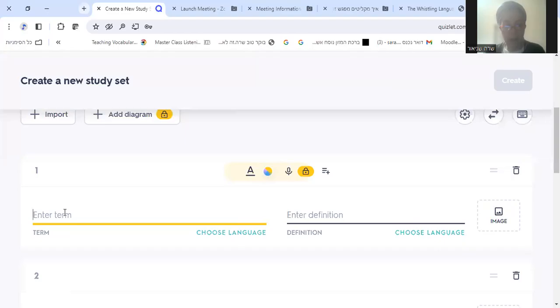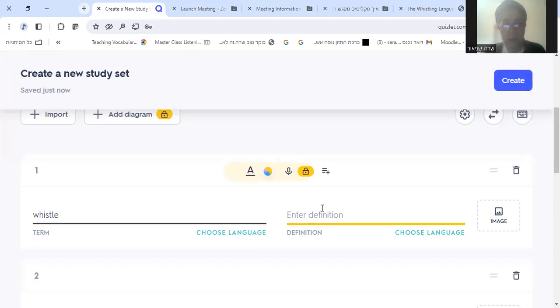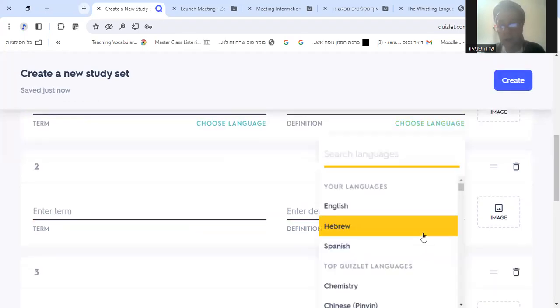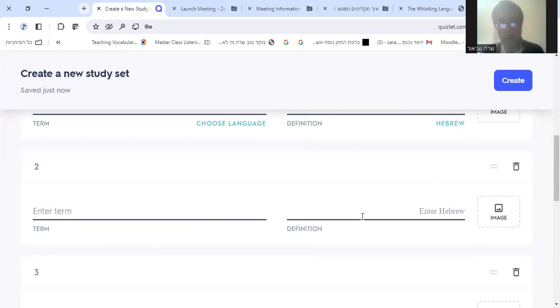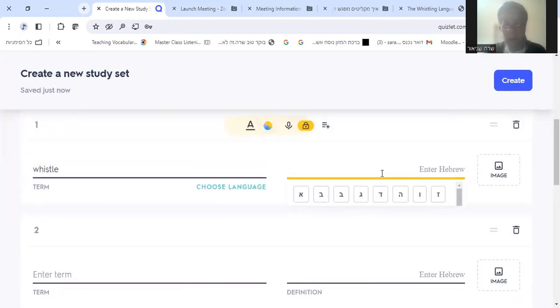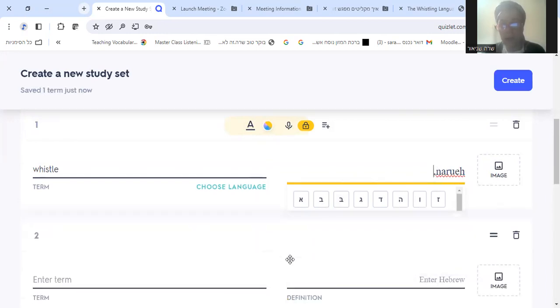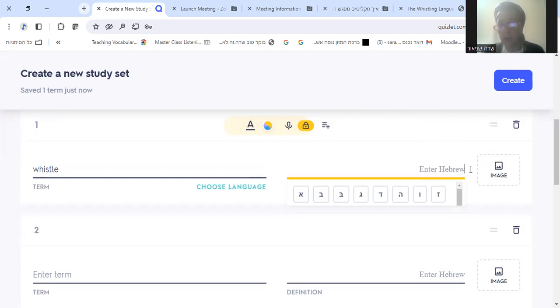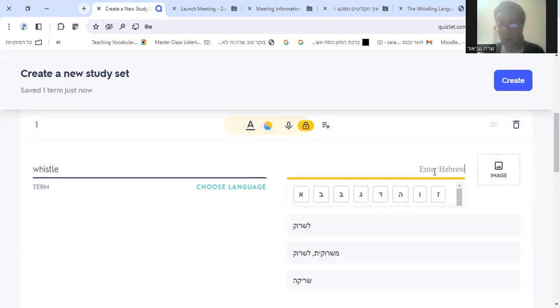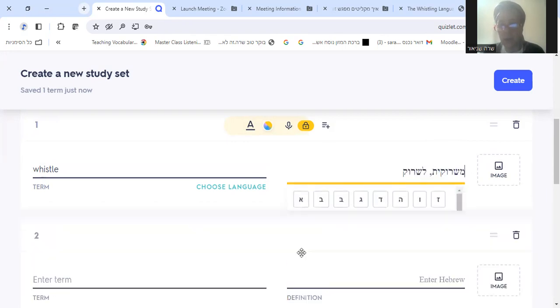Okay, so here אני כותבת באנגלית whistle, ופה אני בוחרת שפה, פה בערבית, אם אתם רוצים, אני בוחרת בעברית, I choose it in Hebrew, and I will write משורקית, and לשורק, you have the answer, זה עולה פה. ממש עולה לכם האופציות, ברגע שביקשתם. משורקית ולשורק, אוקיי?